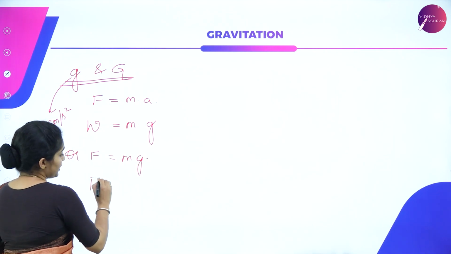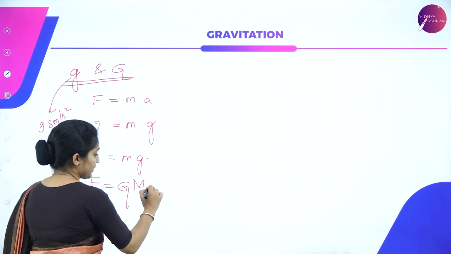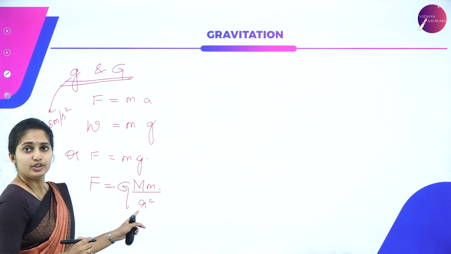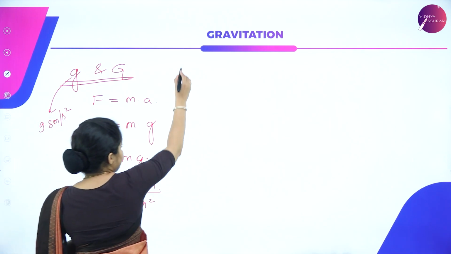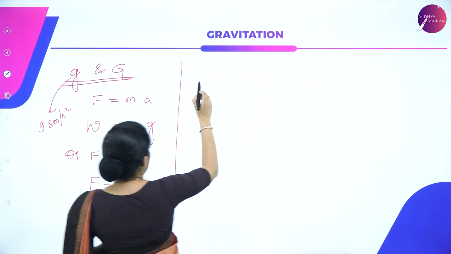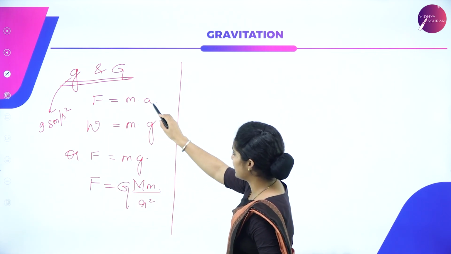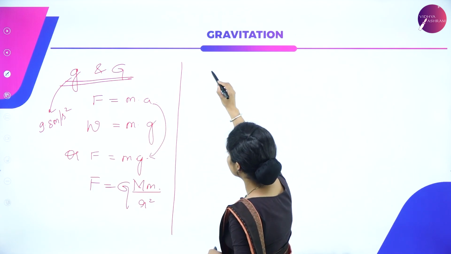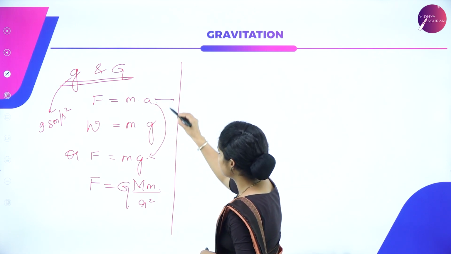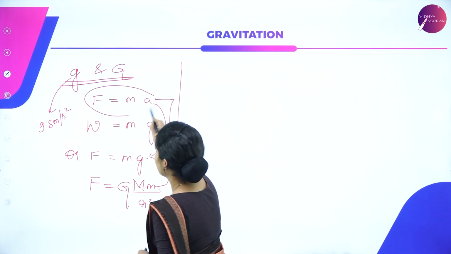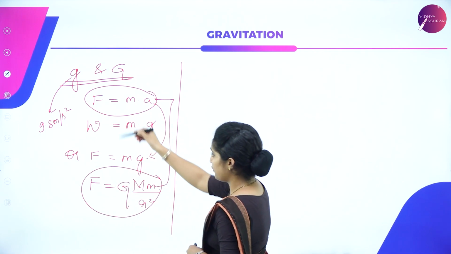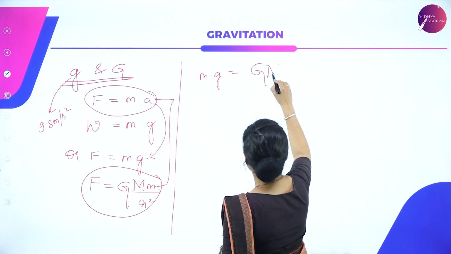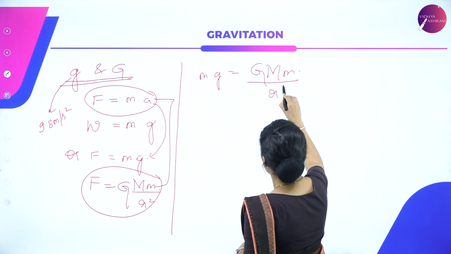We also have F is equal to G M m divided by r square, with respect to Newton's universal law of gravitation. Now as we relate it, F is equal to m a, which is written as m g, because a is considered as acceleration due to gravity. Equating equation 1 and equation 2, we have m into g is equal to G M m divided by r square.